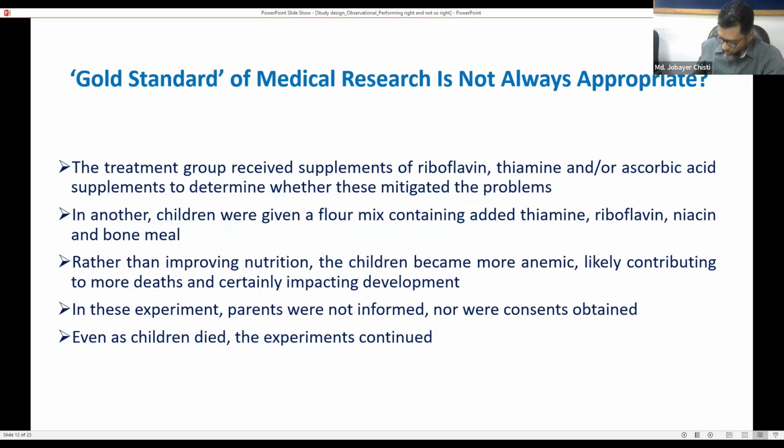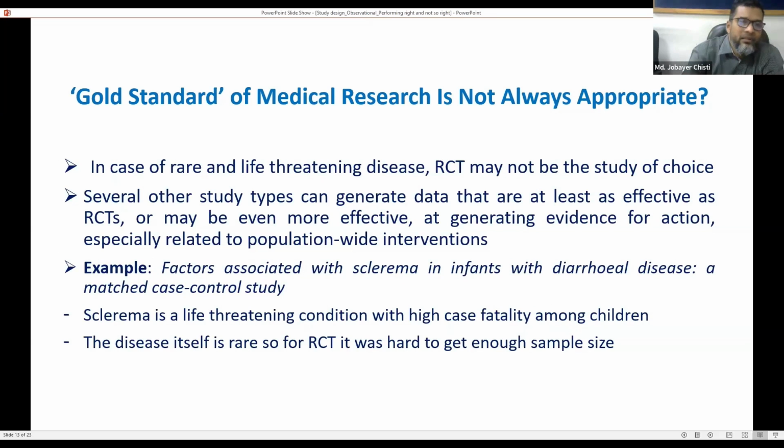So now I want to give you an example of an appropriate study which was done in an observational way, not as a randomized trial. In the case of rare and life-threatening disease, a randomized clinical trial may not be done in children.